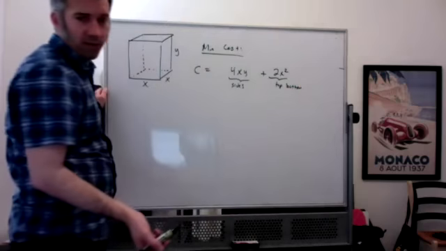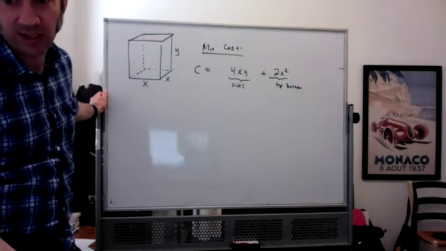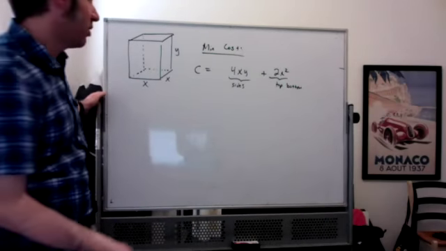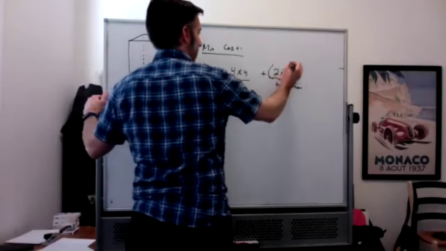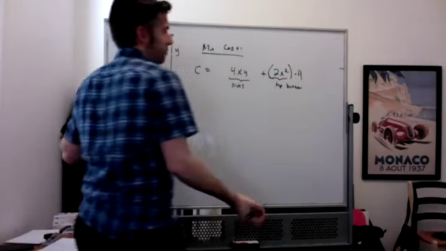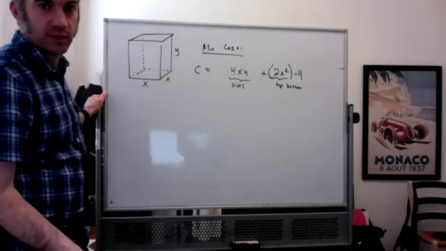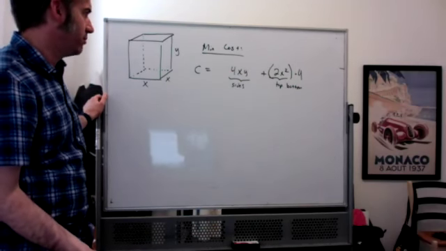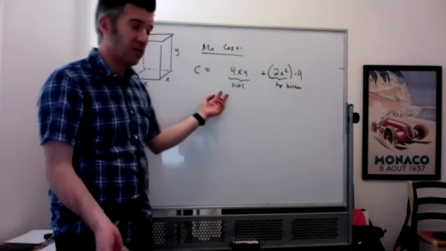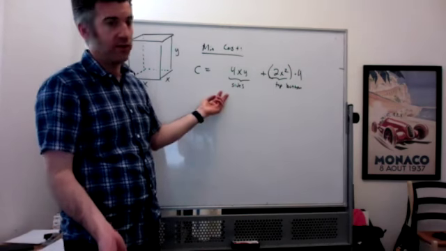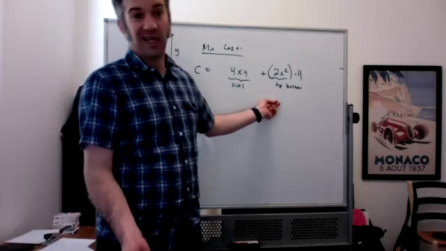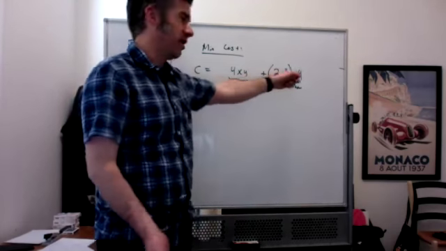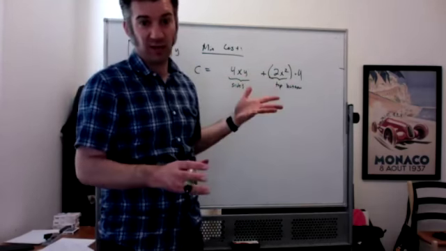I know that the top and bottom cost 4 times as much as the sides, so I basically just need to multiply this by 4. Maybe the sides really cost $2 per square foot, so the top and bottom would cost $8 per square foot. Then I could divide both sides by 2, so it wouldn't really matter.